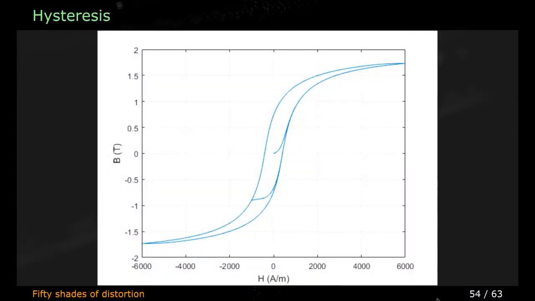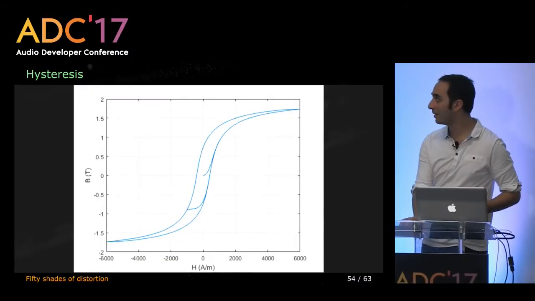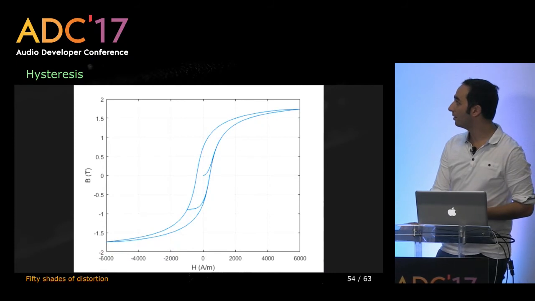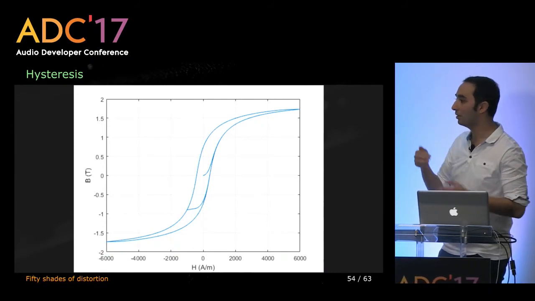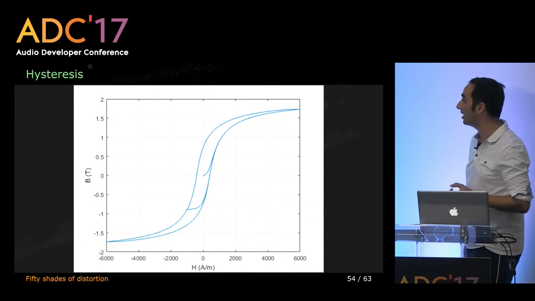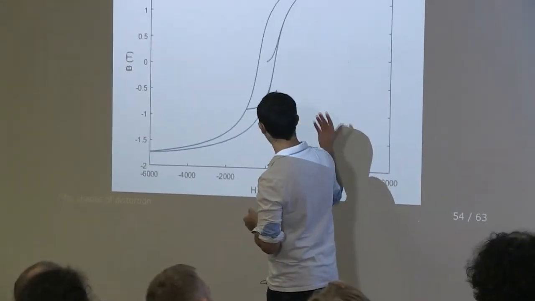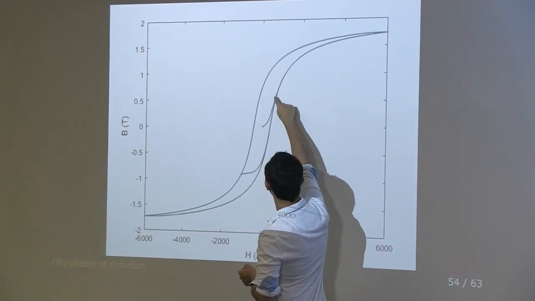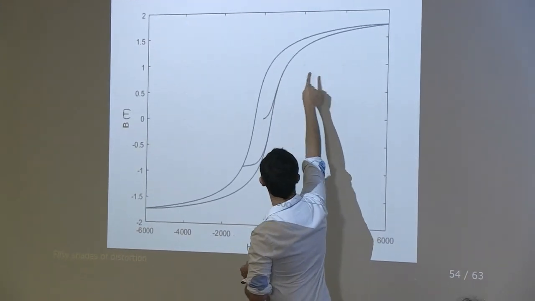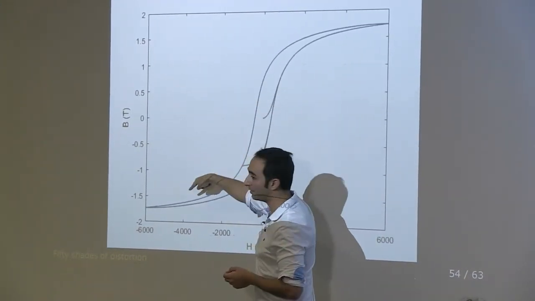Okay, so I don't have a lot of time, I think. So I will talk very quickly about other nonlinear phenomena. We know hysteresis, for example. It's when you have a shape for a waveshaper, for example, which changes depending on how you are moving from one place to another. For example, if our input is increasing, we might use this shape, and if it's decreasing, we might use this one instead.